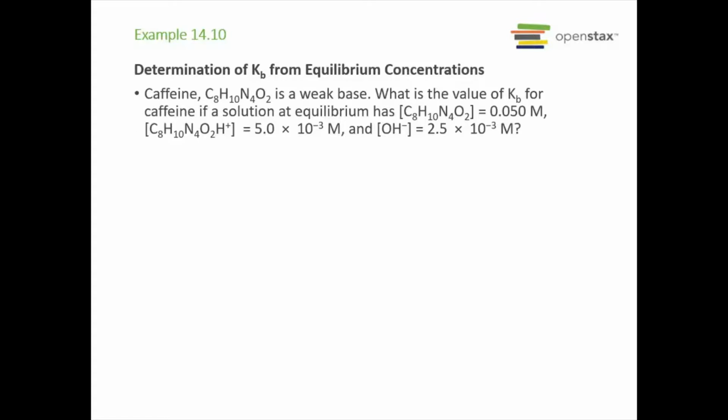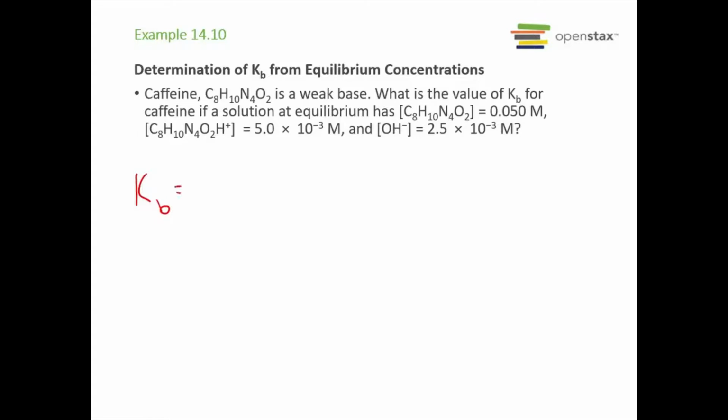We're going to start looking at some more challenging ones. We're told caffeine is a weak base, and we want to know the value of Kb for it in a solution at equilibrium, given these equilibrium concentrations. So the nice thing about this is, again, it gives us everything we need to know.